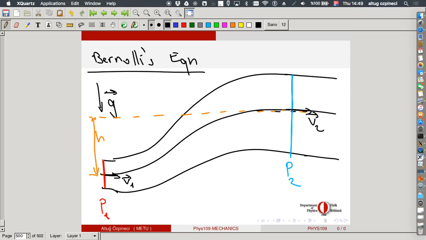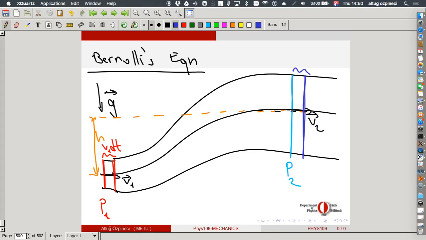Again, if we just wait for a very small amount of time, let's say this area will just move in the direction of V1, and it will arrive at this point after dt. So this length over here is nothing but V1 times dt. And similarly, this area over here will move along in the direction of V2, and it will come over here.